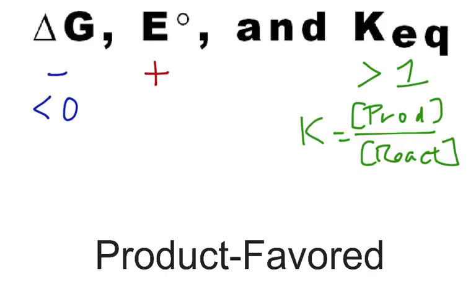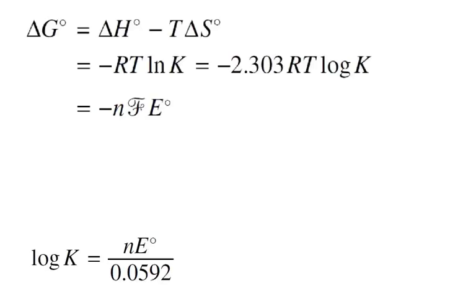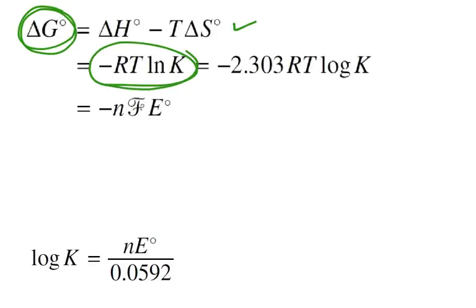So we shouldn't be surprised that there are mathematical connections between these three things, even though they come from three different chapters. Now, on the AP exam formula sheet, we see delta G equals negative delta H minus T delta S. That's a useful equation. But here we have another expression, where K is the K from K EQ.